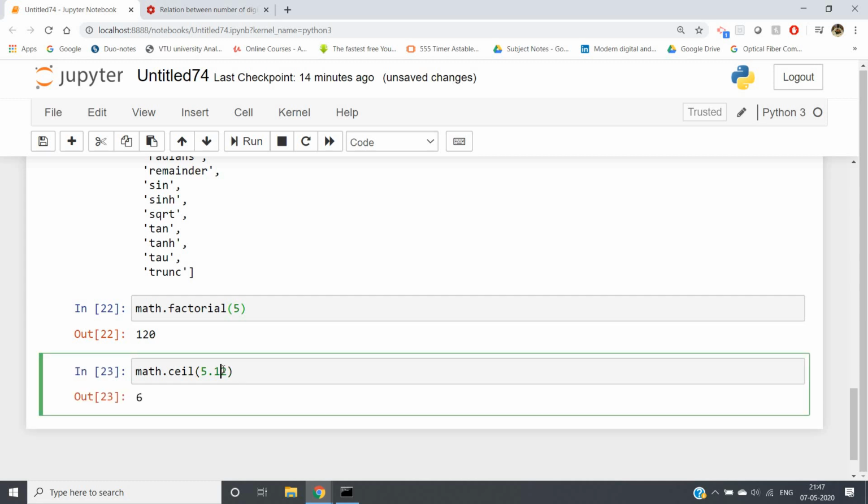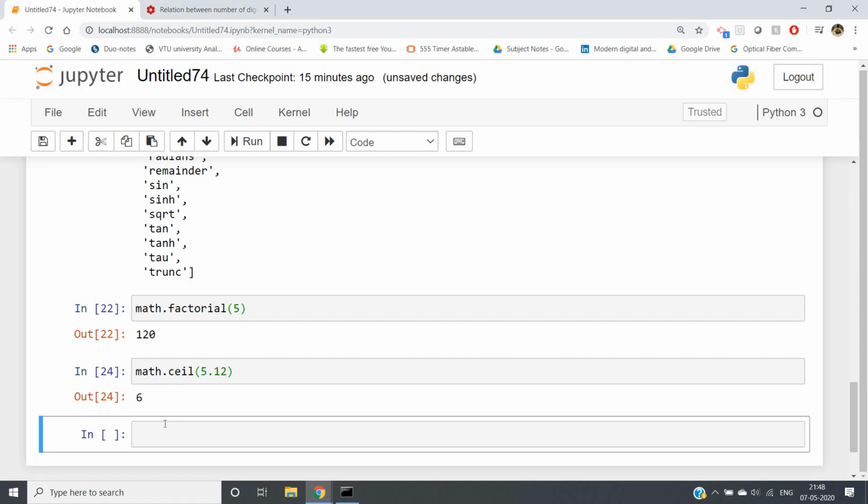But if you have 5.12, although the nearest integer is 5, it will map to the nearest highest integer, which is 6. See, if I run again, I will be getting 6. This is the difference between ceil and round. Round will map to the nearest integer, that may be lowest or highest, but ceil will always map to the nearest highest integer, right?